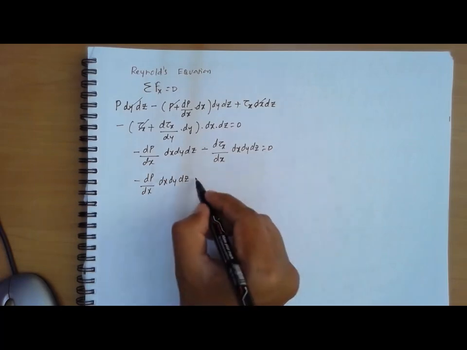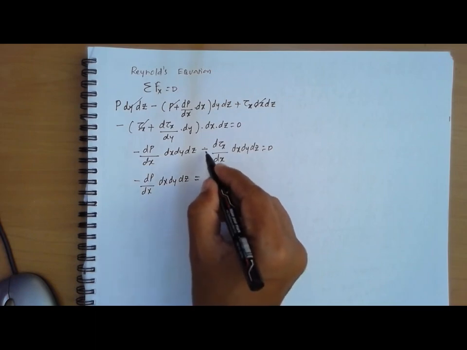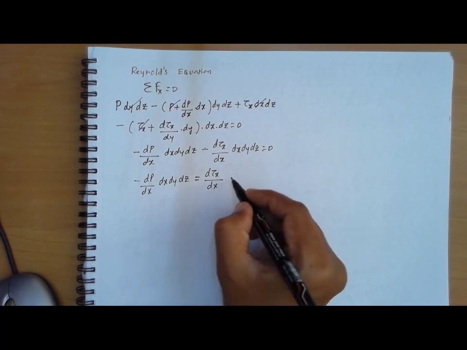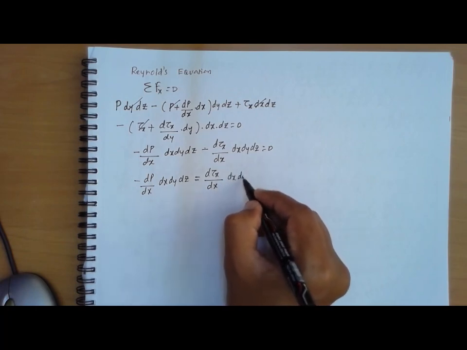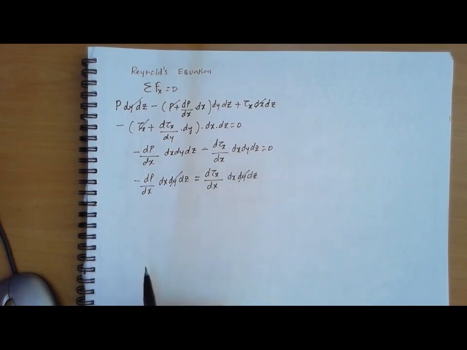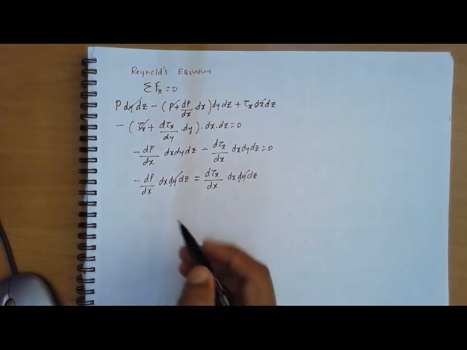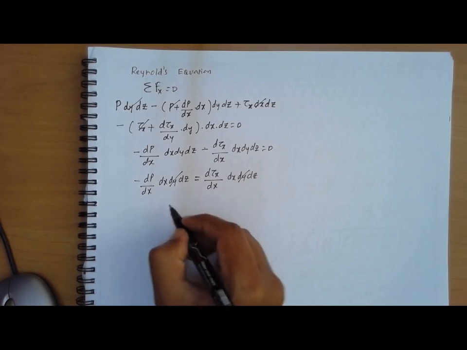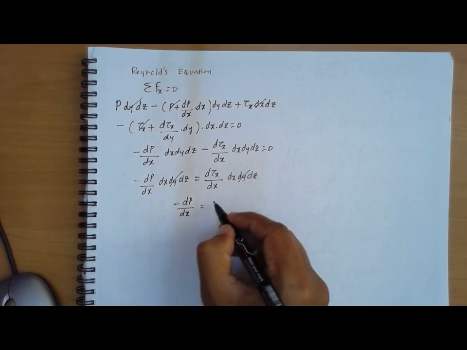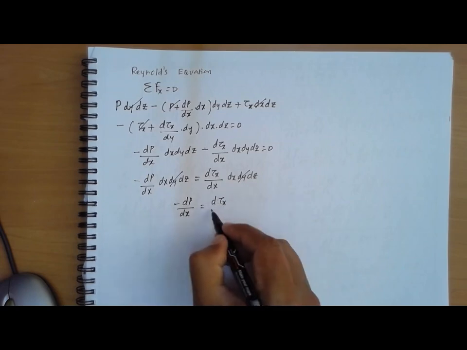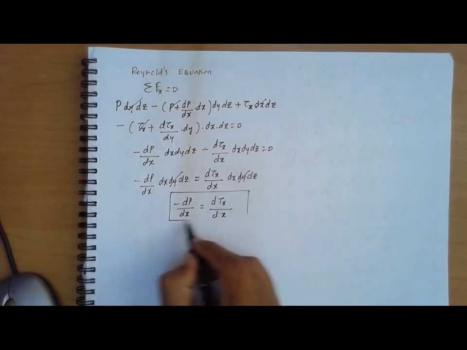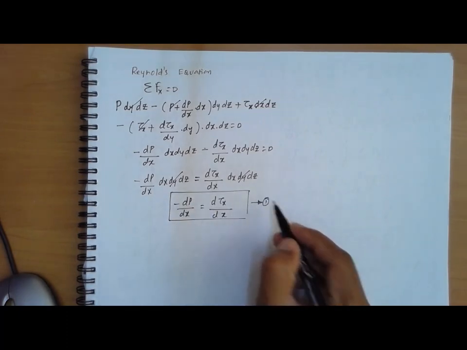Let us transfer this to the right hand side, so minus becomes plus. If we cancel the small elemental dimensions dx dy dz, finally minus dP by dx equals d tau x by dy. You can call this equation number 1, for instance.